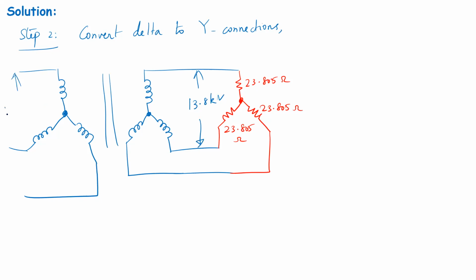The voltage appearing across the transformer primary will be 138 kV. Okay. So the per phase voltages of the transformer primary is going to be 138 divided by root 3 kV.